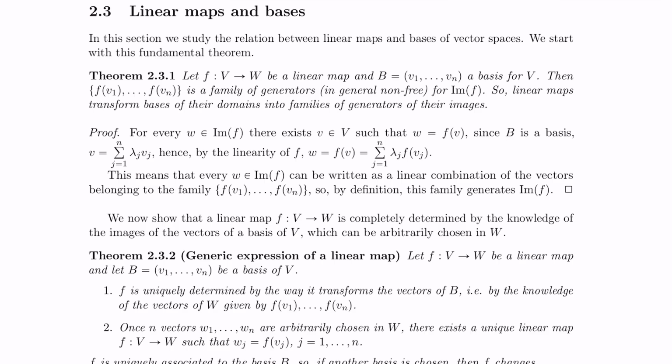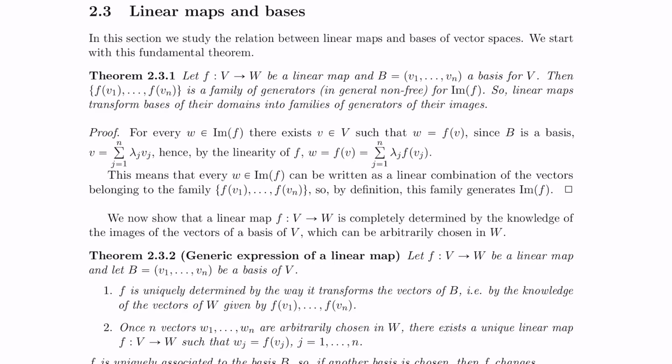Hence, this equation here, using the linearity of the map F, can be rewritten in this way. That is, we can pass F through the linear combination in order to have this expression here.